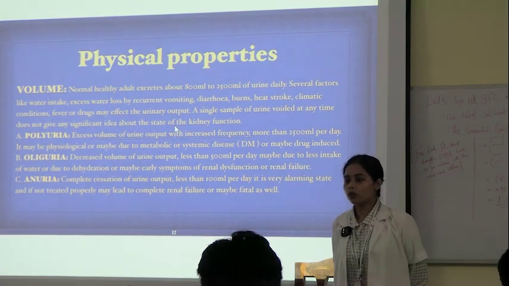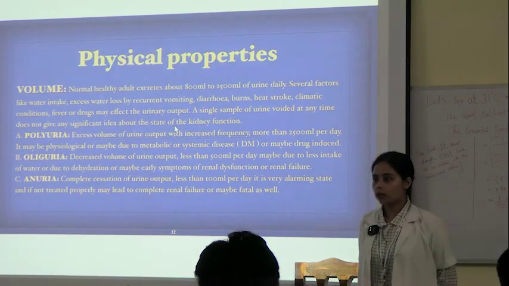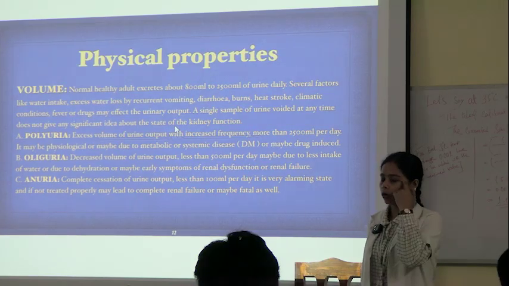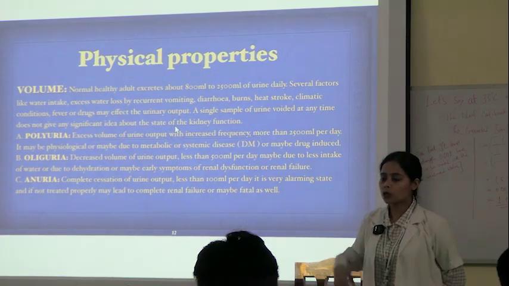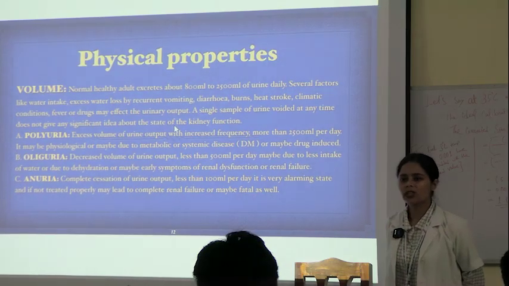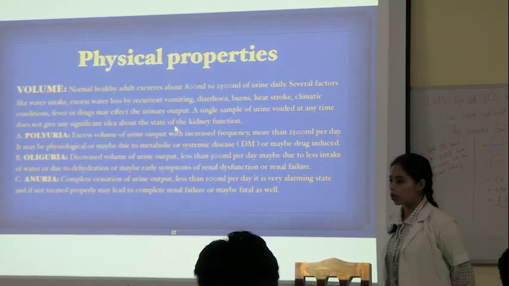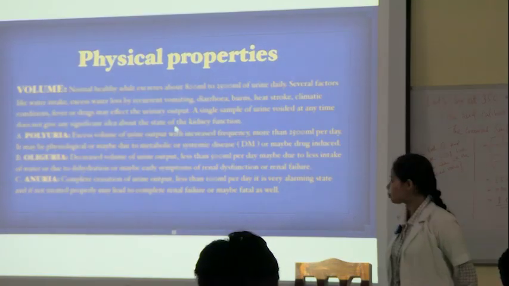At that time we give 1 or 2 sets of dialysis. After that the patient resumes proper functioning on its own. That is normal in case of acute kidney disease. In case of chronic, obviously they need dialysis.